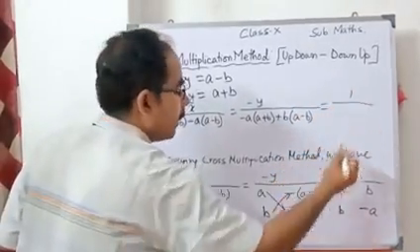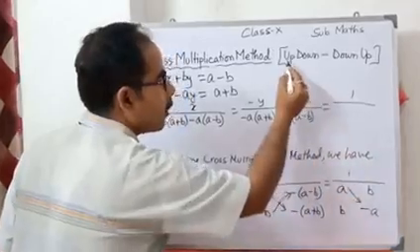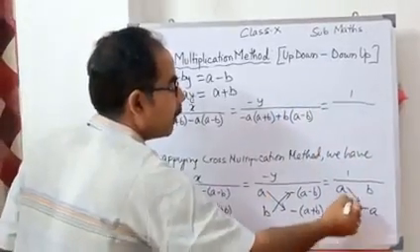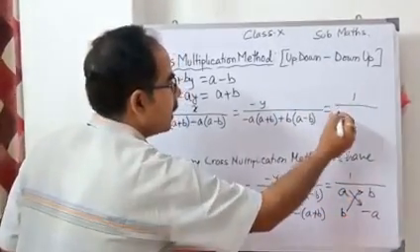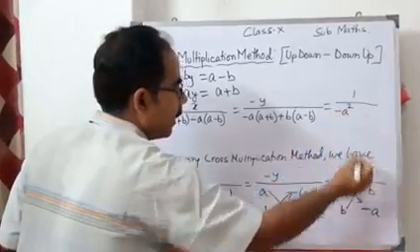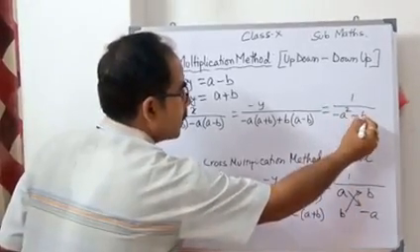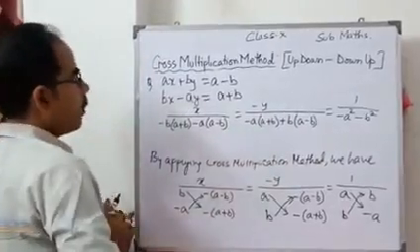And 1 by, again apply the same method, up down minus down up, that means a into minus a, that means minus a square minus of minus b square. Okay, so you got this one.